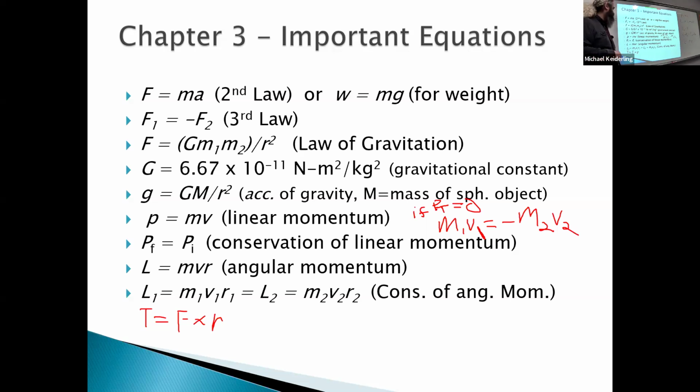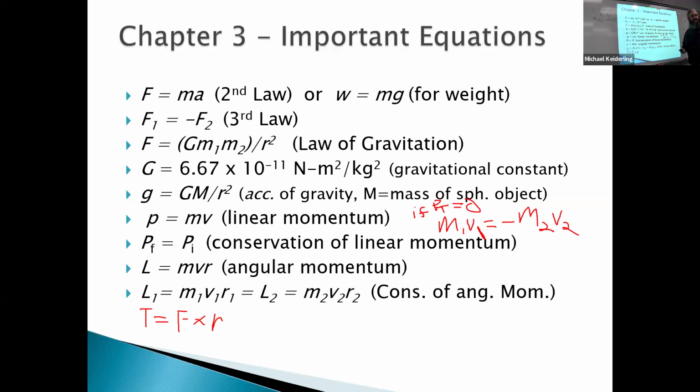And then lastly, torque equals force times radius. Technically, strictly speaking, if you're being fancy about it, it should be written with a cross, because if you deal with them as vectors, it's the cross product of the vectors. You don't need to worry about that.